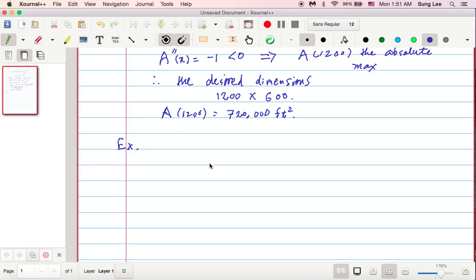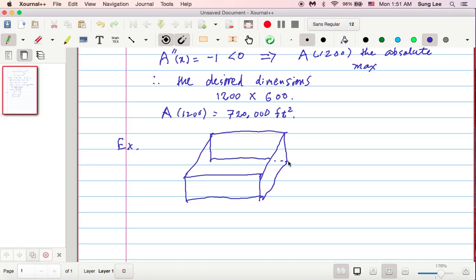Okay, so in this case, let me draw a picture. You know that the base is square, right?